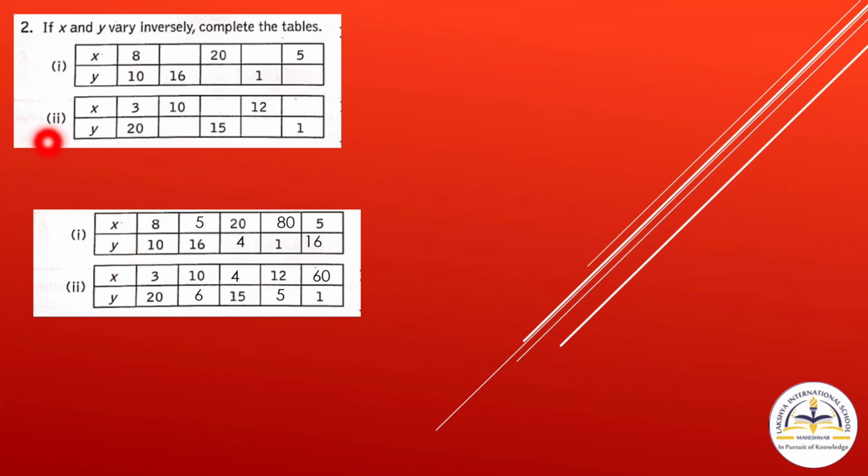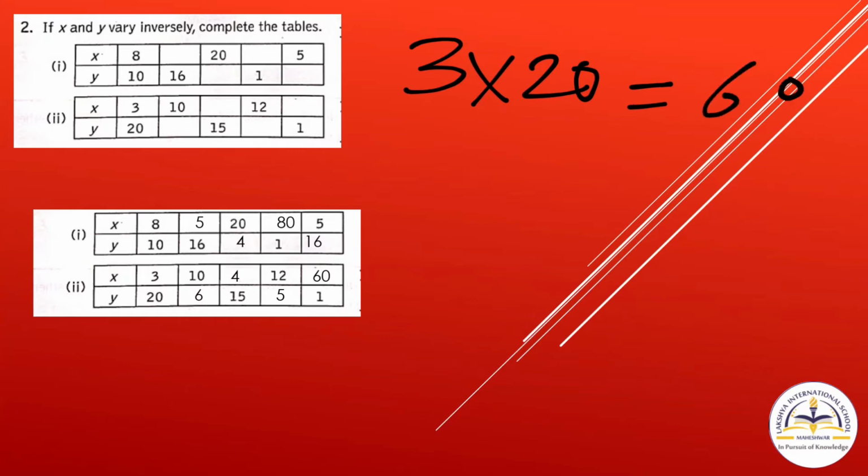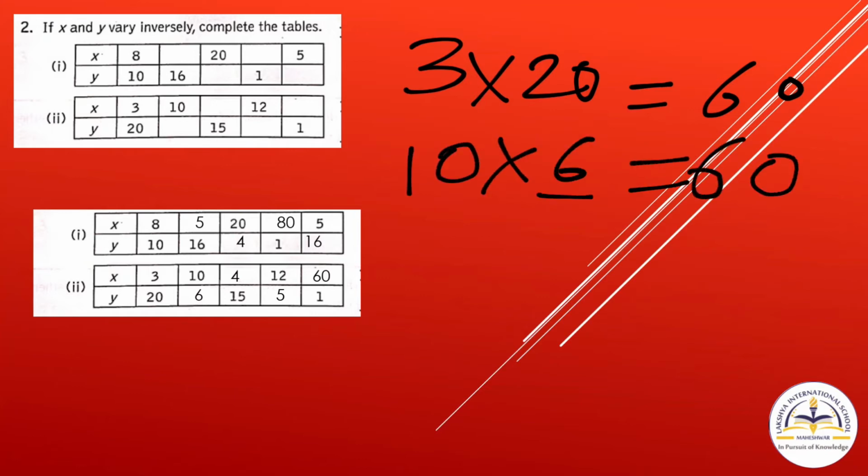Now question number 2, x and y given. 3 and 20: 3 multiplied by 20 is 60. For the second one, 10 multiplied by which number gives 60? 10 times 6 is 60, so 6 will be the answer. Now 15 is given.